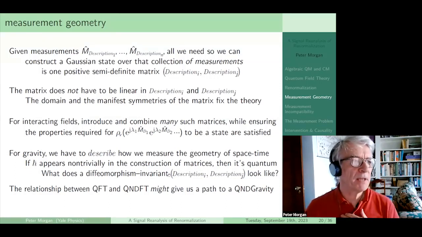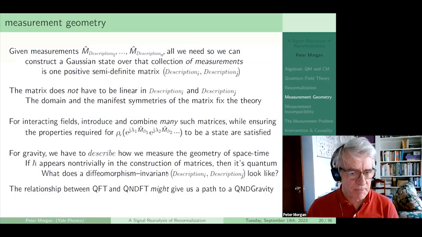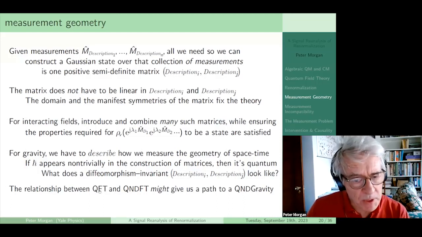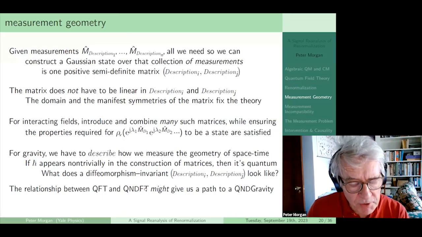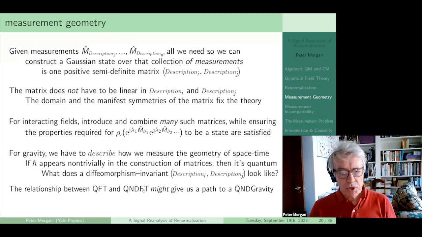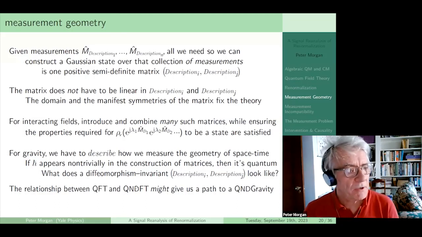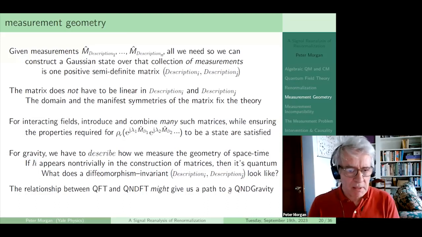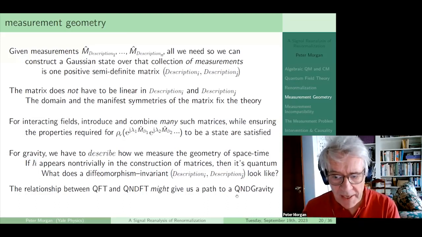My differential geometry is not up to that. But then finally for this, the relationship we have between quantum field theory and quantum non-demolition field theory, the bullet operator, the bullet involution, might give us a path to something that indeed many people have said, well, gravity should be classical. This says we can have it so long as we're willing to work in terms of quantum non-demolition gravity.